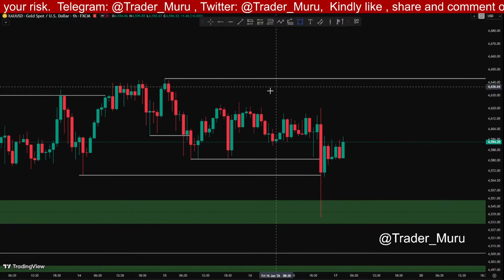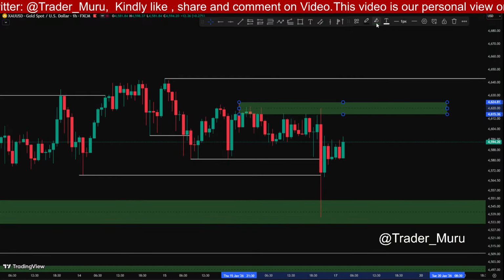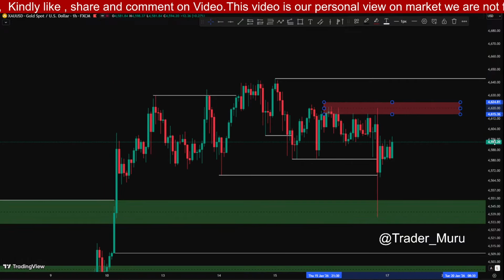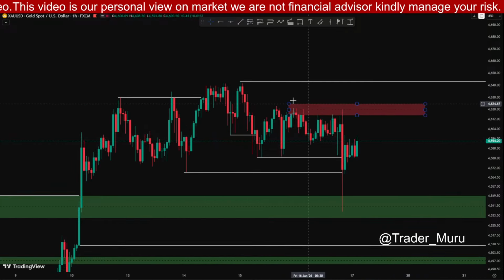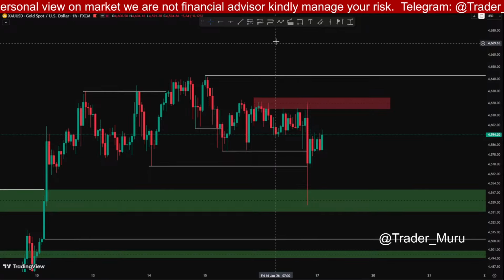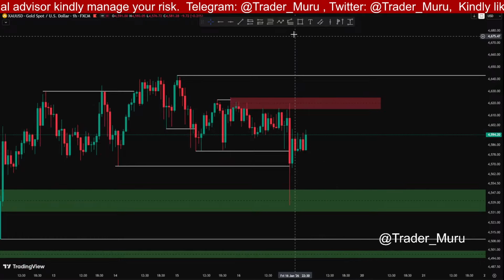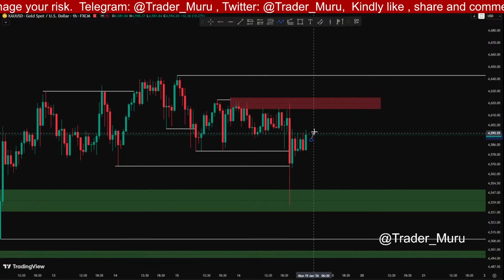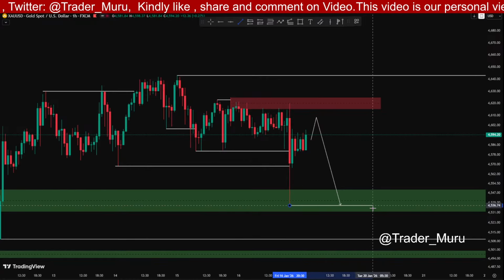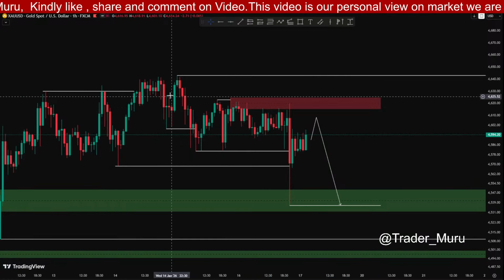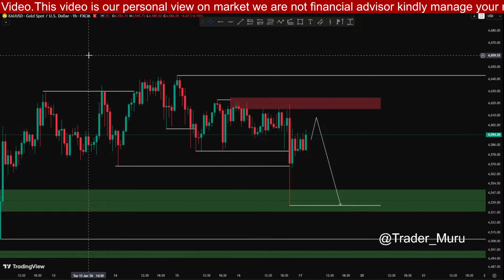So price is bearish below this zone. Until we have a break above and a retracement, this is bearish price action. This high has already swept its high, so price can again tap the zones and drop. This is the ideal scenario according to the 1 hour time frame. We have a downtrend.